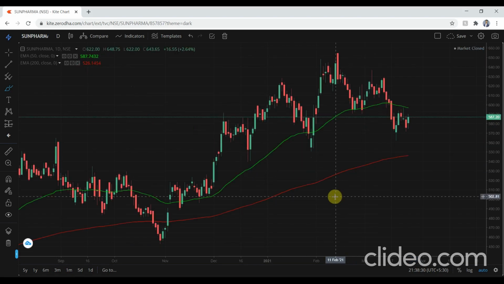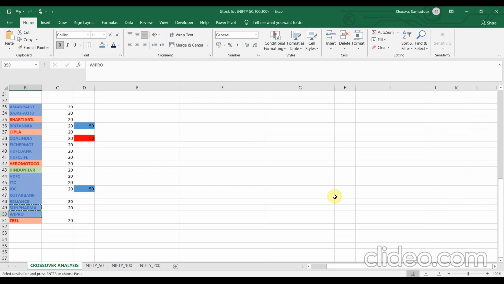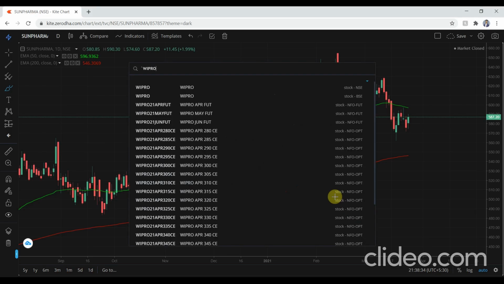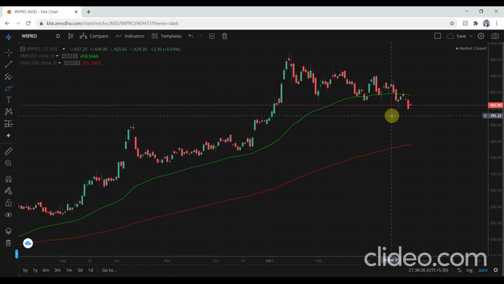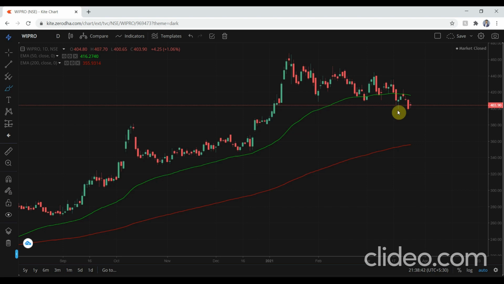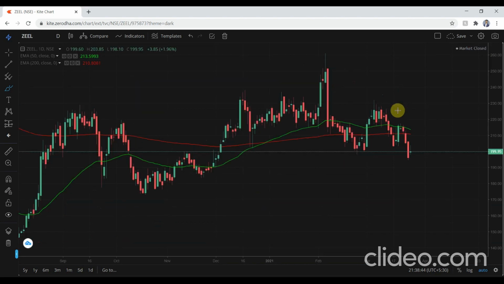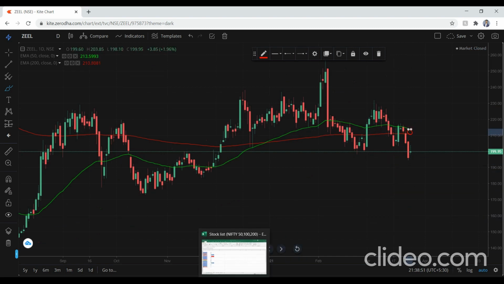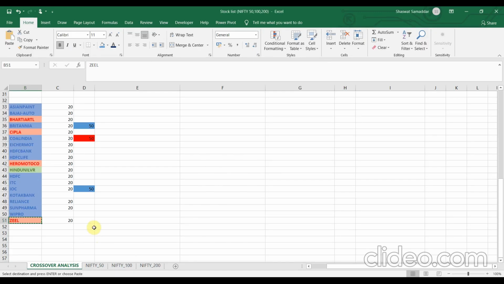It's well above the 200. Next one is Wipro. Again, it's well above the 200. Last stop for today is Zeal. So see, it's so close to the 200 EMA, and we might see a crossover. So I'll mark it as blue once again.